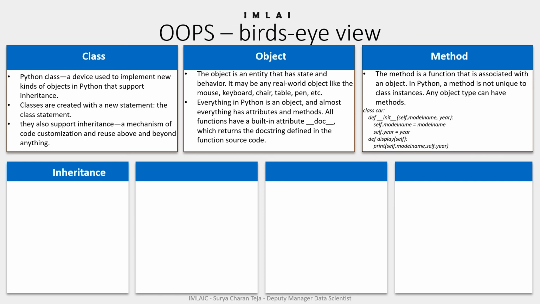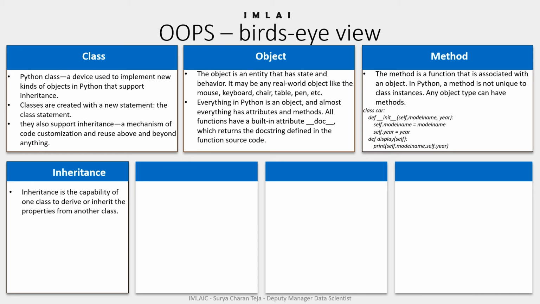Then we have inheritance. Next, what we are going to look at is inheritance. Inheritance is the capability of one class to derive or inherit the properties from another class. Basically, we always look for asset inheritance, land inheritance, house inheritance, not knowledge inheritance.